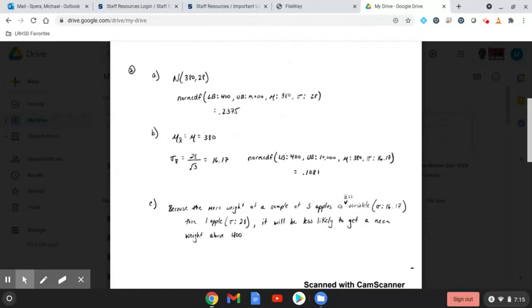So the only difference in what I plugged in my calculator was the standard deviation, and it made our probability a lot less. And the reason for that is because it's less varied. And because it's less varied, it's going to be less likely to get a mean that's going to weigh above 400, okay? If we sampled 10 apples, that probability would be even smaller, okay?